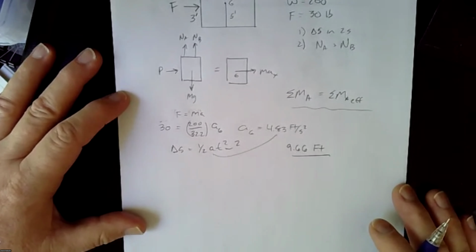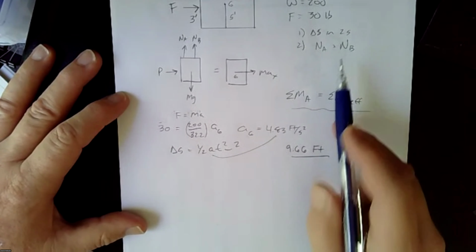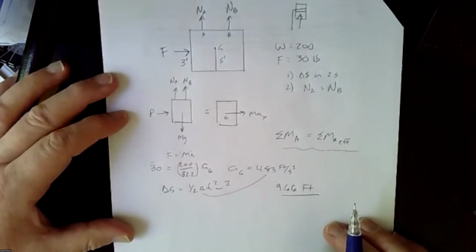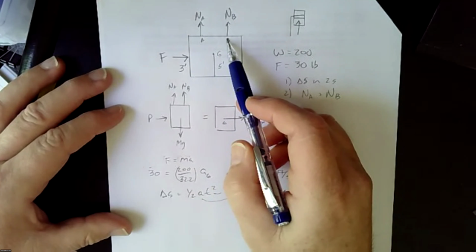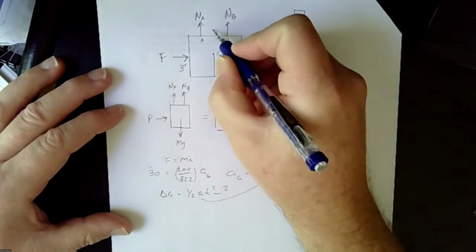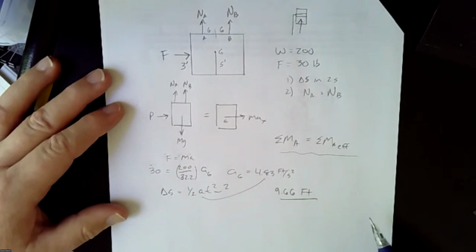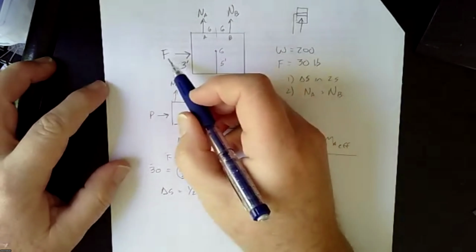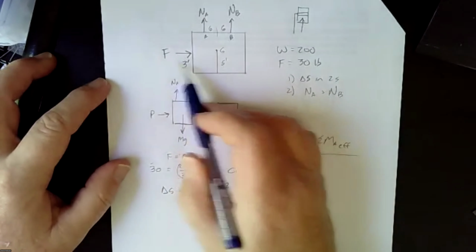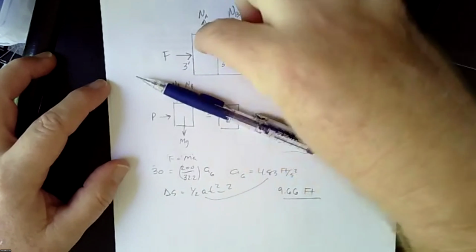So now let's look at finding NA and NB. Now, in a static example, NA and NB, since they're symmetrical, both 6 feet from the center, we would just say they're each 100 pounds. And that's fine in statics, but for dynamics, as you push this way, there's a tendency for this door to want to rotate.